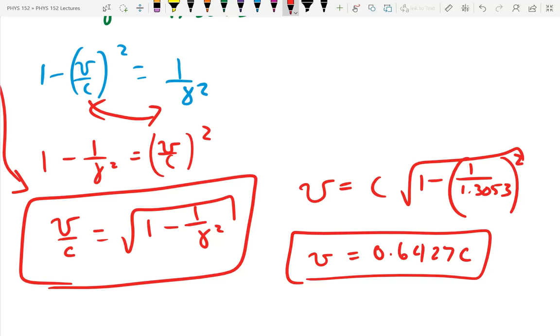So that electron is going 64% the speed of light. At this point, we know, yes, I had to do it relativistically. As soon as we get gamma is not equal to 1, we know that we have to do it relativistically. And so here we found the speed of the electron that's produced by that radioactive decay. It's going really fast.